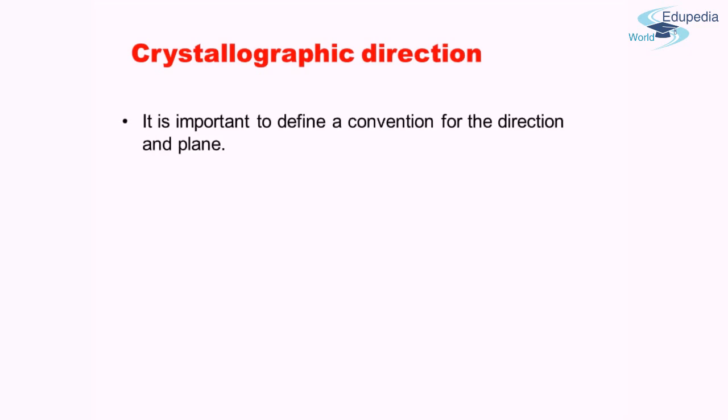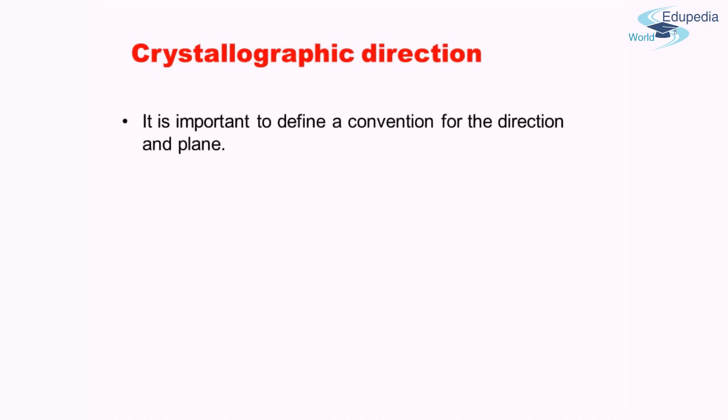So what is so important about crystallographic direction? As I already mentioned, we need to understand it to understand the basic physics behind different kinds of deformation. There is a need to establish a convention beforehand to understand both crystallographic direction and plane.